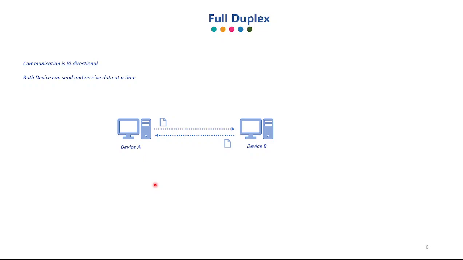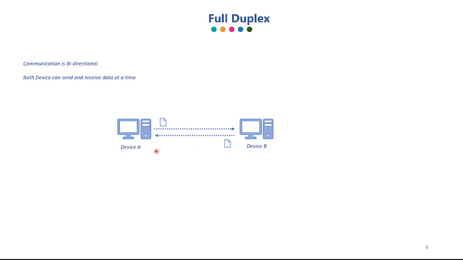And full duplex is the top of the hierarchy. It's bidirectional, and both devices can send and receive data at a time. The sender A will have a pin or connection to send to B, and a receiver pin, or the Ethernet connection, to receive data from device B. No matter whether B is sending or not, A will keep sending the data it wants to send to B, and B will just send to A, no matter whether A is sending or not.